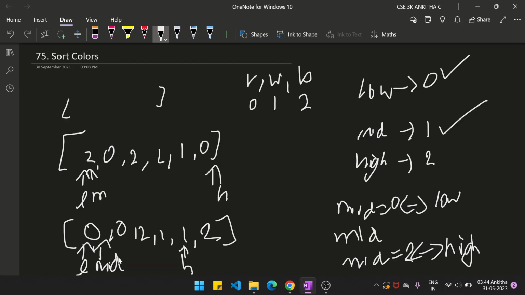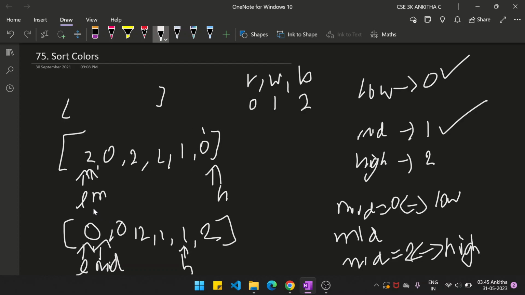Got it? So the reason behind decreasing the high value and not increasing the mid value is, we know for sure that this value is 2, so we exchanged it with the high position value, and there cannot be more than 2. So we decrease the high position value by 1. But we don't know what came in place of it; it can be 0 or 1 as well, right?